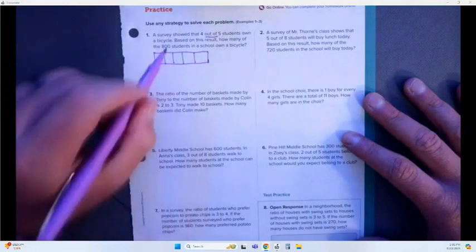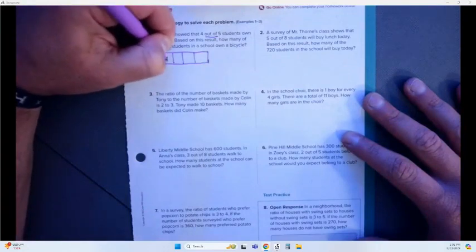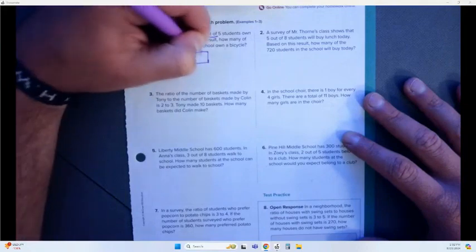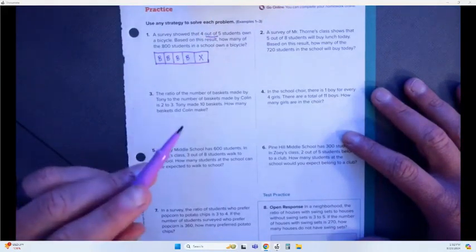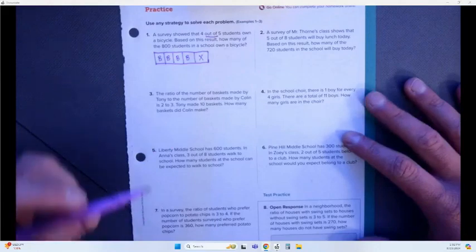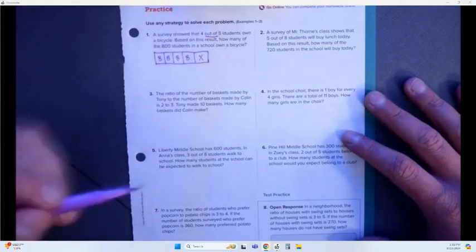They told me that 4 out of 5 own a bicycle. So I'm going to put a B in 4 of the boxes to represent the 4 out of 5 that own a bicycle. I'm going to put an X in the 5th one for the person that does not own a bicycle. So they said, based on the results, how many of the 800 students in a school own a bicycle? So 800 students in the school is my whole, just like 5 was my whole here.